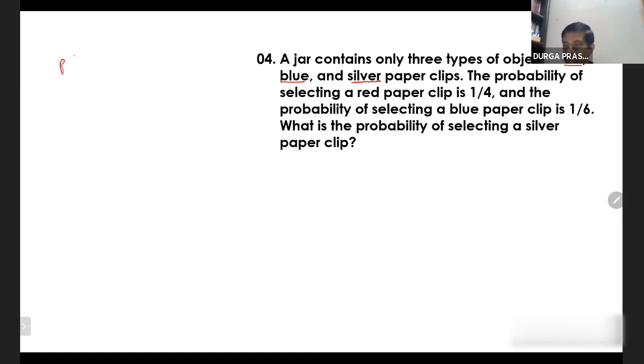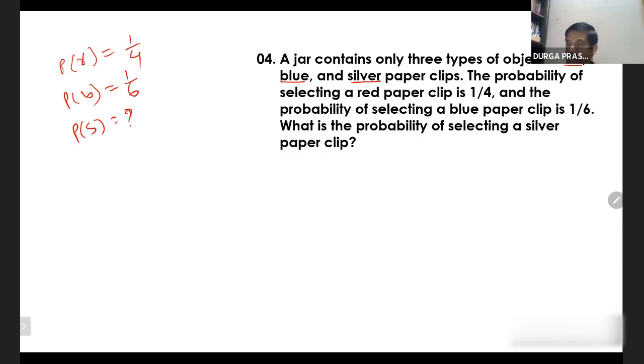And the probability of selecting a blue paper clip is 1 out of 6. And what is the probability of selecting the silver clip? So the probability of a silver clip is how much?